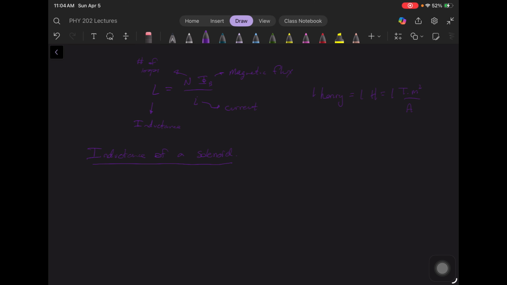So let's say, consider a long solenoid of cross-sectional area A, and we want to know what is the inductance per unit length, and then we're going to say near the middle.